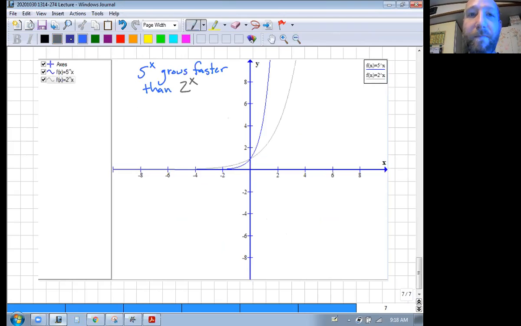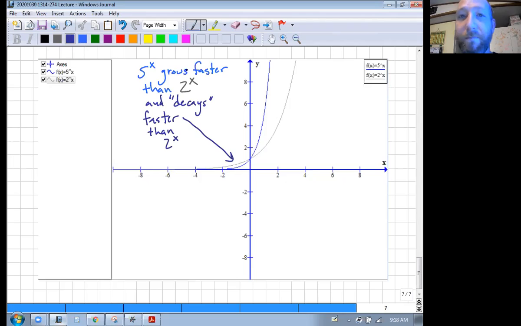All right. And decays faster down over here than 2 to the x, right? So you can see it's blowing up much more quickly than in the gray one. Otherwise, they look exactly the same, all right? They do share their y-intercept.